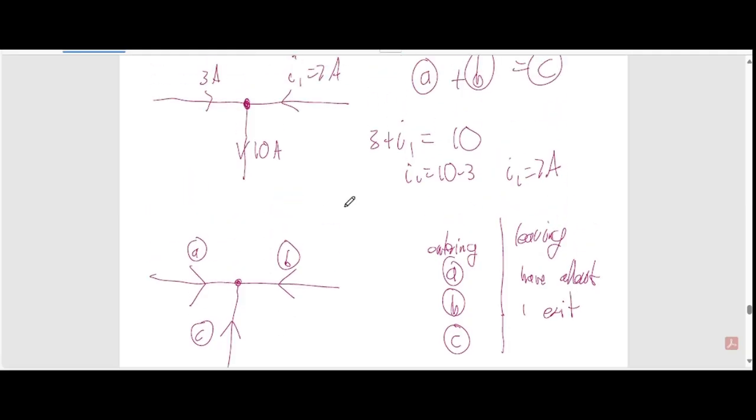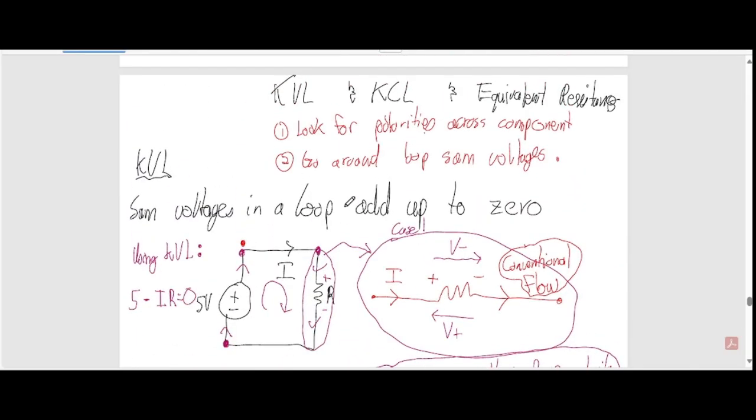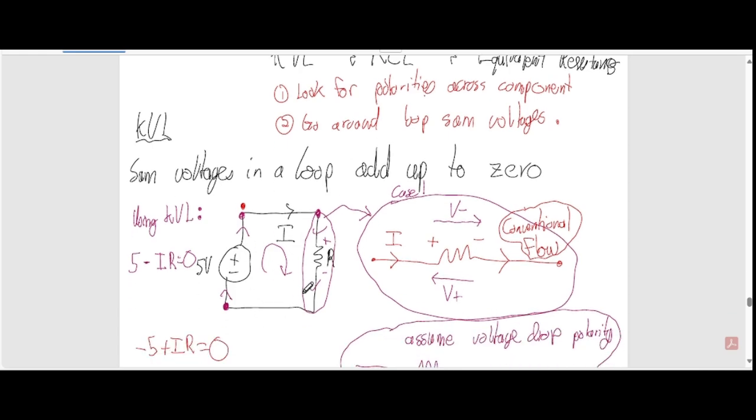Cool. So that is KCL, and that is KVL. KVL is the sum of the voltages in the loop. So we did loop analysis, right, Maya? So this is basically what I was using. Any loop, this is a simple loop. Sometimes it will give you the polarity across the resistor.